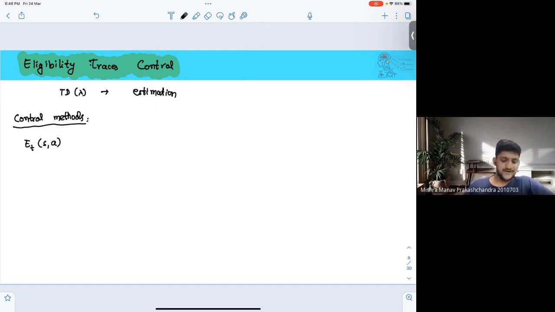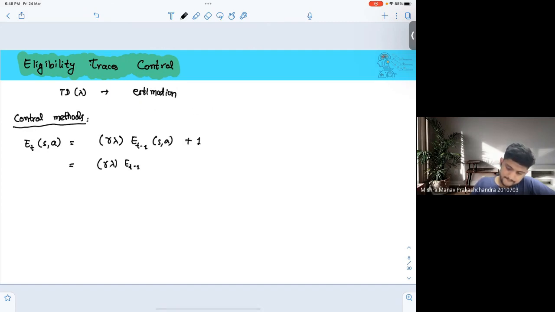And the update rule stays similar. So I have, this is true if S_t is equal to S and A_t is equal to A. If that particular state-action pair is encountered, then I add a +1 to the decaying eligibility.